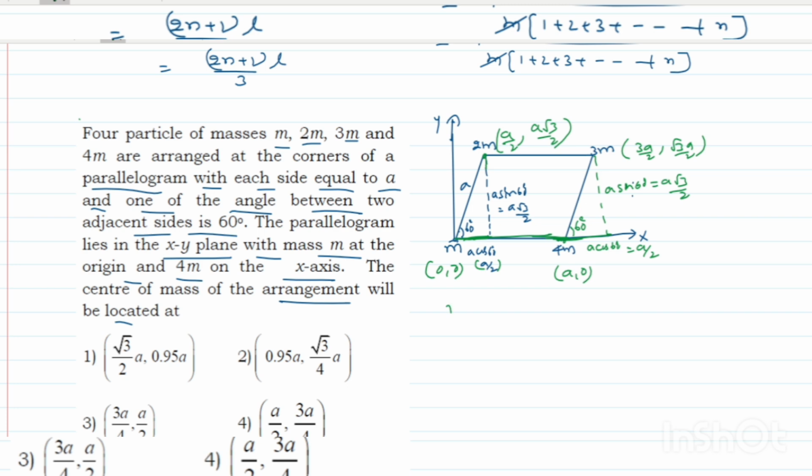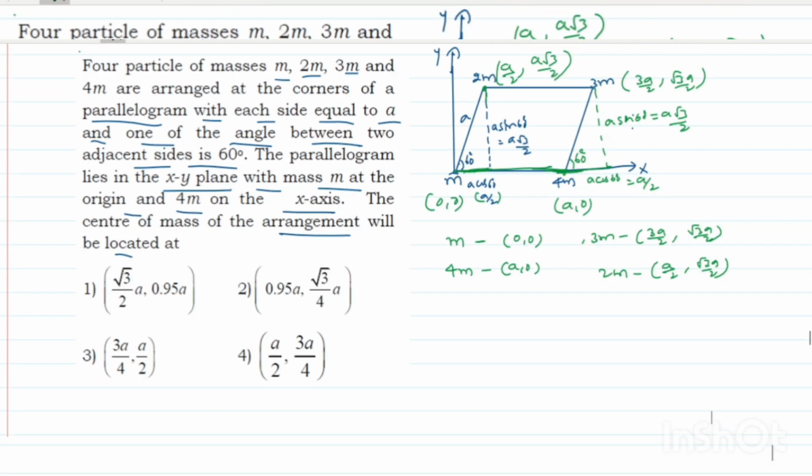Mass m coordinates will be 0, 0 and the 4m mass coordinates will be a, 0. The next thing, the 3m mass coordinates will be 3a by 2 comma root 3a by 2, and 2m coordinates you can take as a by 2 comma root 3a by 2 is given.